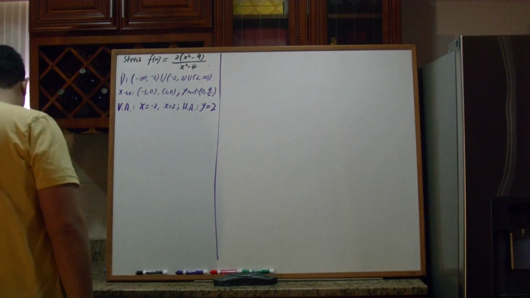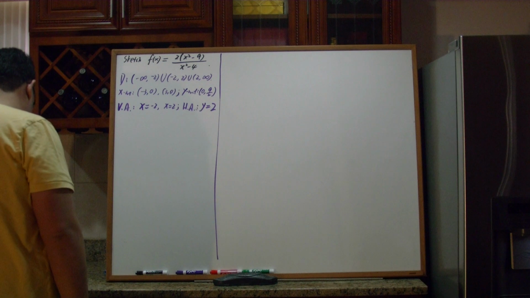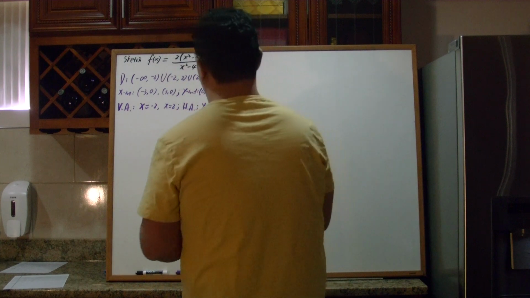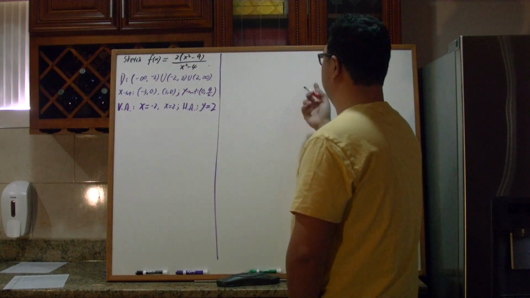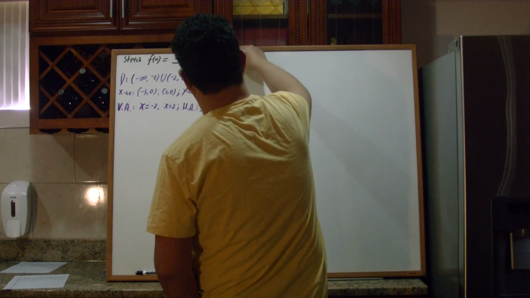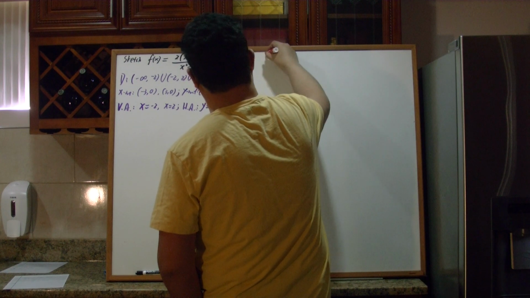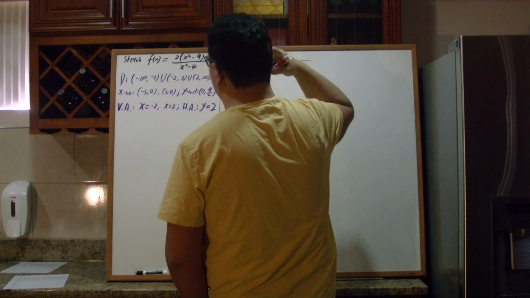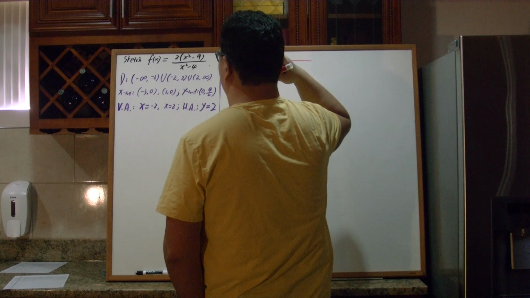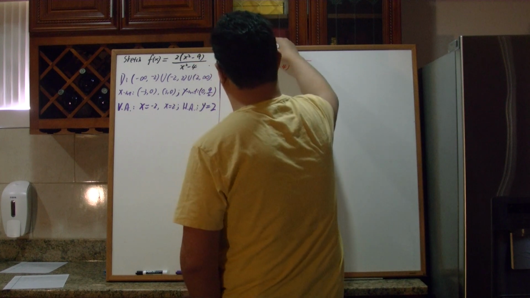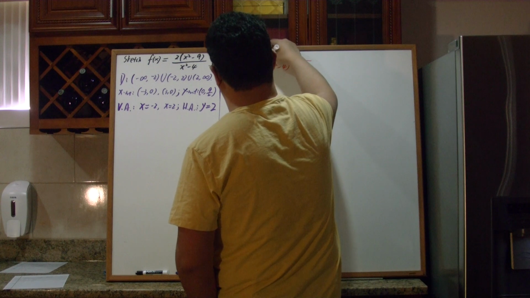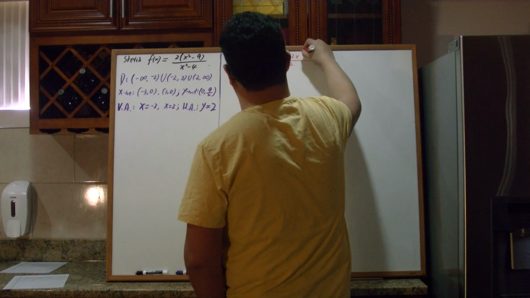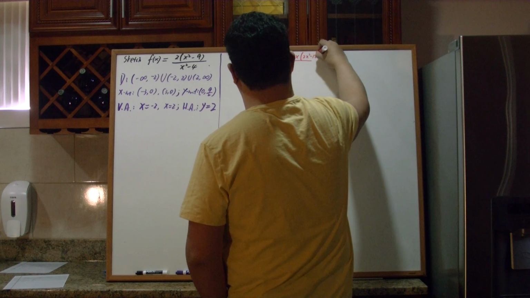Then the next step is for the increasing, decreasing, find the relative extrema. We need more space, right? Hopefully this one is good enough. So first derivative: over x squared minus 4 to the second power, u prime 4x times x squared minus 4, minus v prime 2x times 2x squared minus 18.